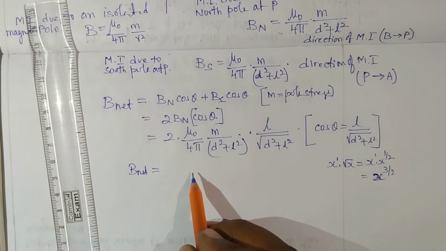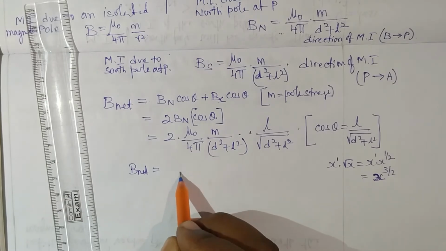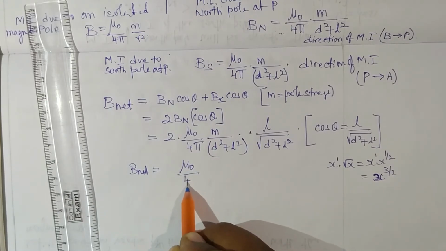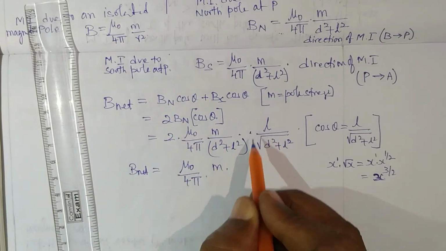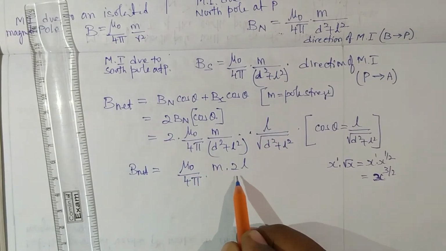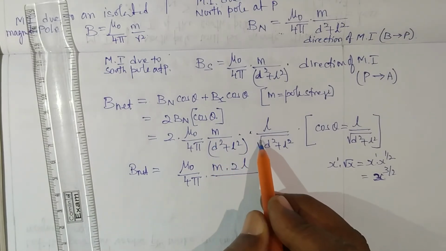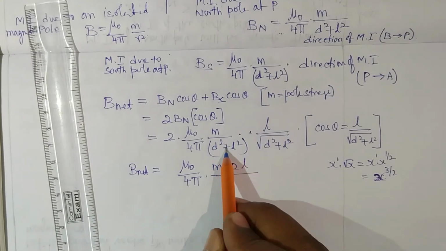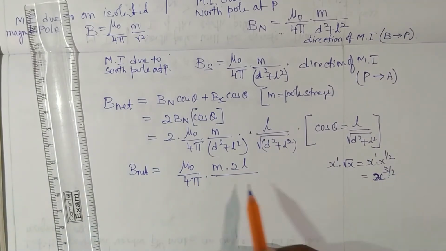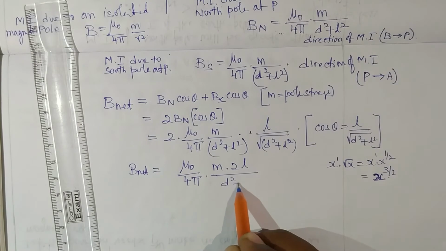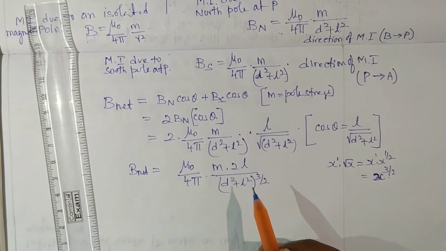So I will write this as mu naught by 4 pi, and this 2 I will bring to this side, m into 2L by d square plus L square into square root of d square plus L square, x into root x, which is x power 3 by 2. So in the place of x, d square plus L square whole power 3 by 2.